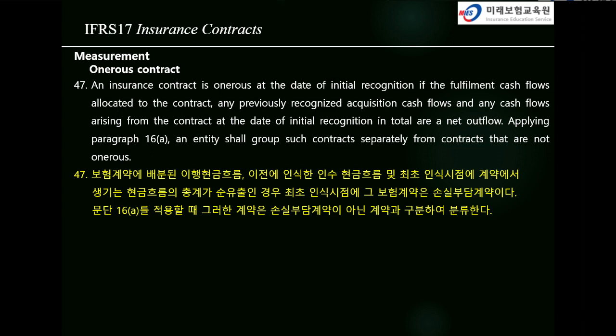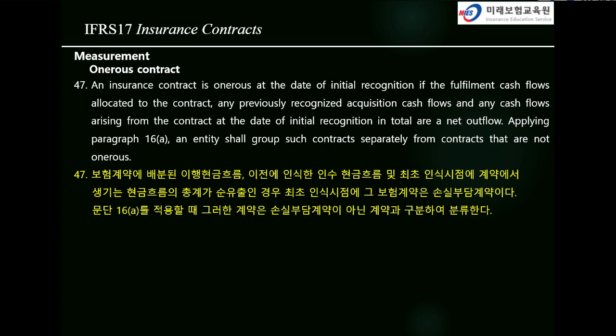Or if I say it a little differently, based on the initial measurement section in the standard, structure wise, it's just a summation of building blocks 1, 2, 3. Building block 1 is the estimate of future cash flows.